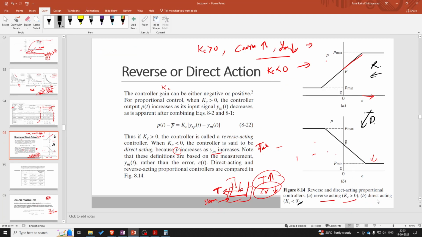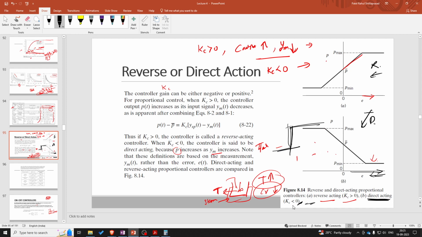That is, for such a case, the value of Kc will be less than 0. And for such a case, we can say that the controller is direct acting, because the value of Kc is less than 0. Also, with the increase in the step change error, the output was decreasing. Over here, we have an alternate representation of the graph, that is, with increase in the error, the output is decreasing. Whereas in our plot, we had a step change and then the output was decreasing.